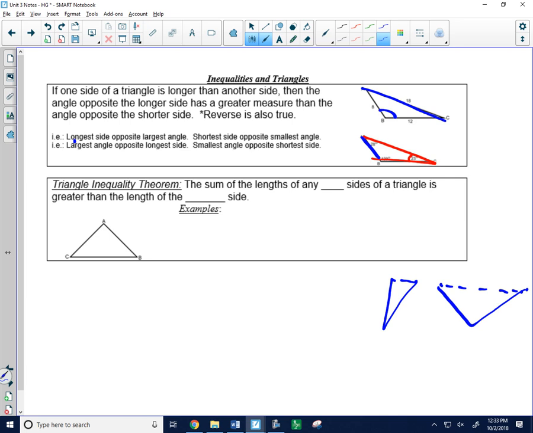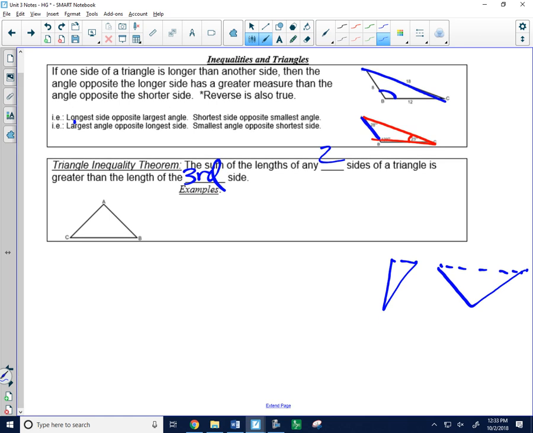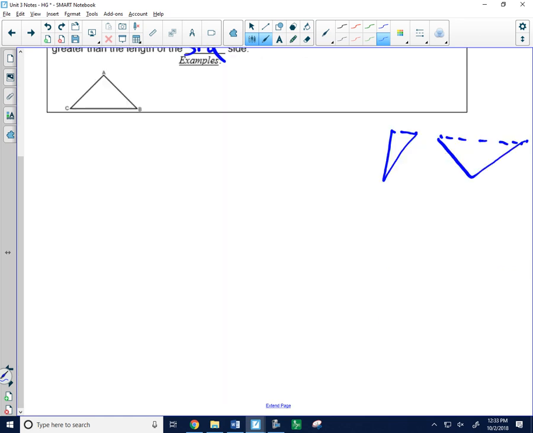And the last one has a name, the triangle inequality theorem. It says that the sum of the lengths of any two sides in a triangle is greater than the length of the third side itself. So basically, if you have two sides here, those two together are going to be longer than the third side.